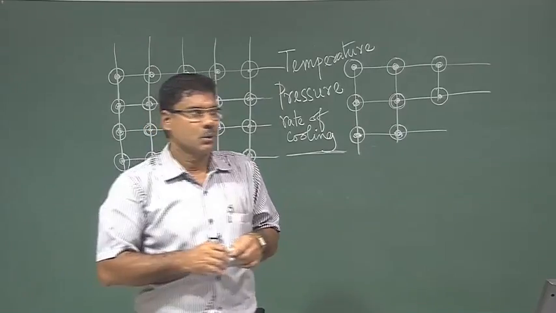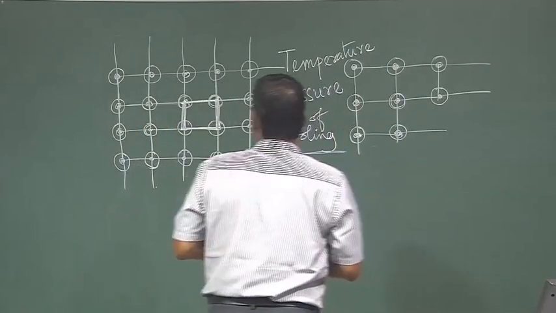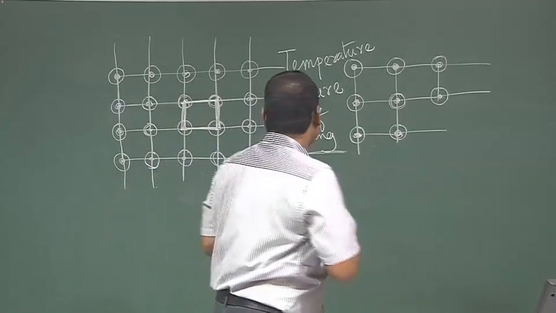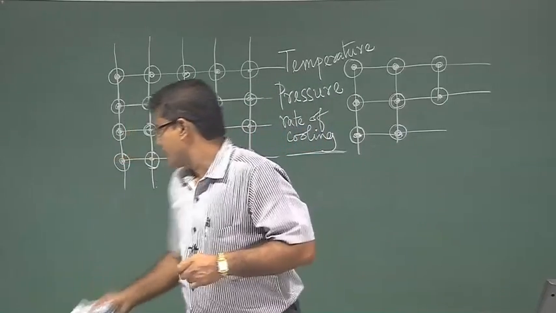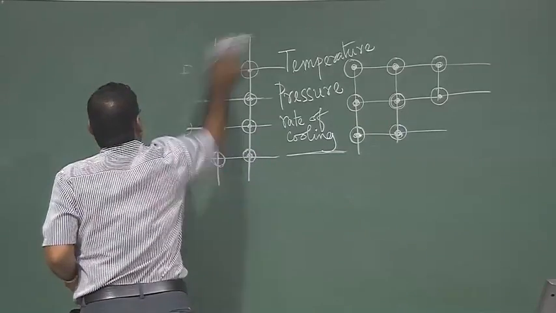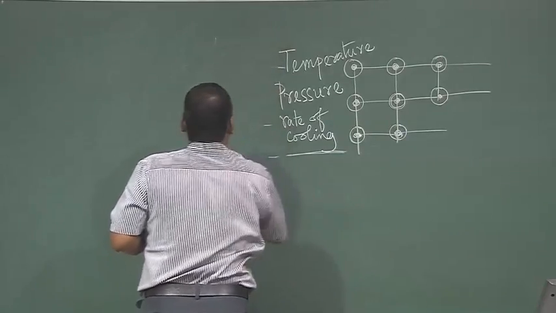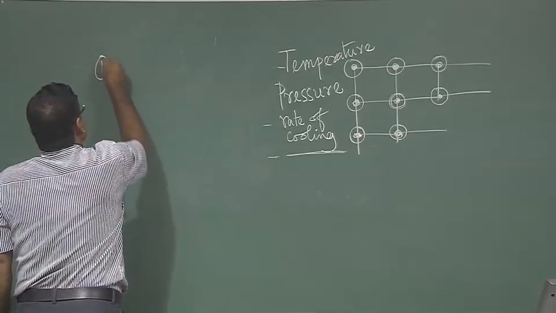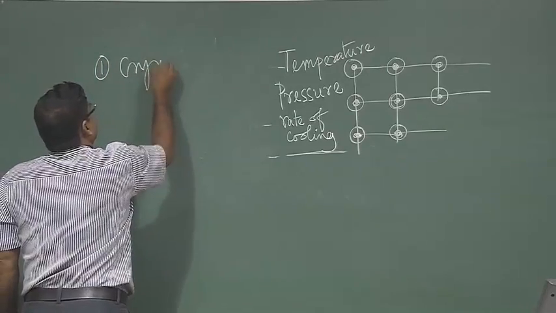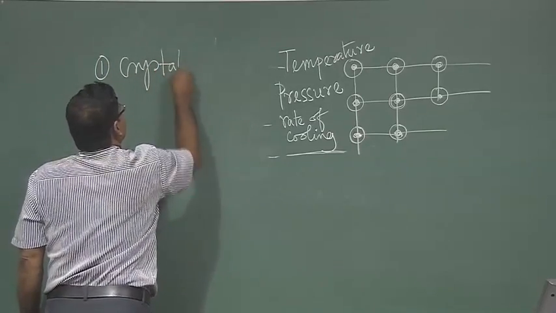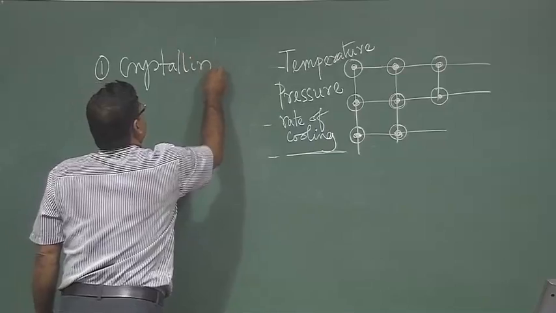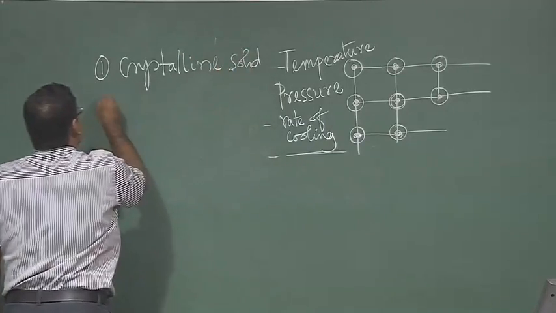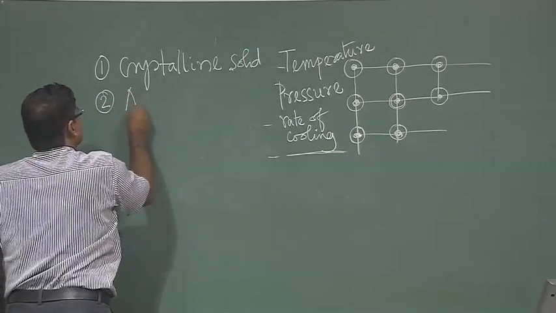So, mainly two types of solids, structure wise, are found. One is crystalline solid, another is amorphous solid.